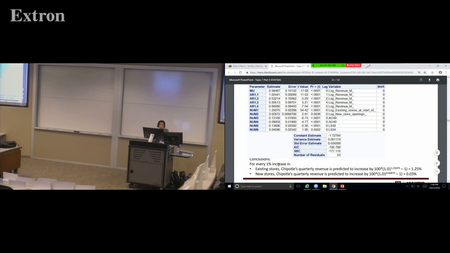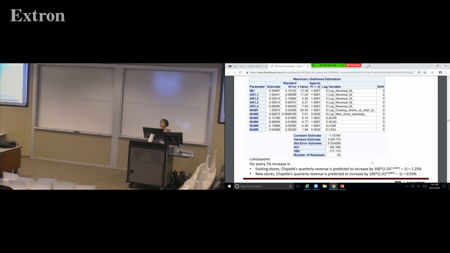So what you learned in your regression course, the formula, is the idea that when we log transform both the predictors and the response, the interpretation is for a 1% increase in your X variable.